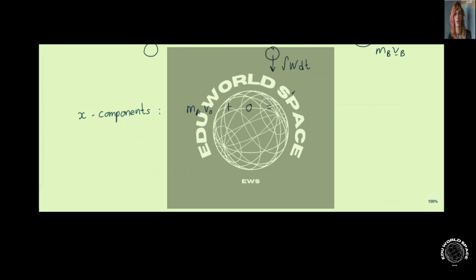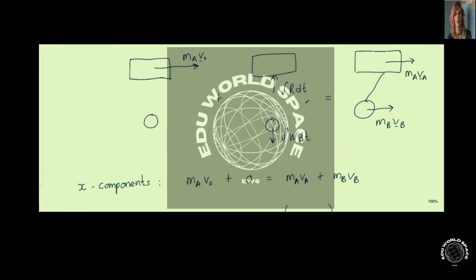And afterwards, the momentum is due to the motion of the cart, ma va, plus the motion of the ball, mb vb. And we can write this as ma plus mb into vb. Remember that va is equal to vb.